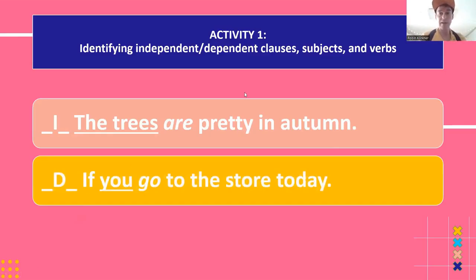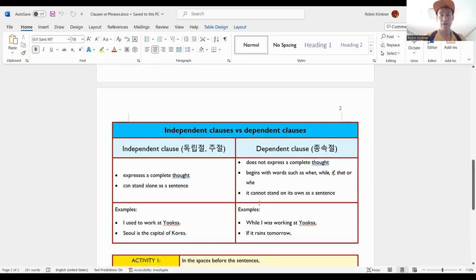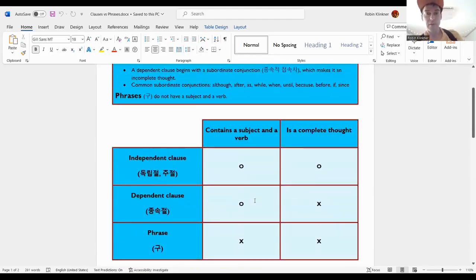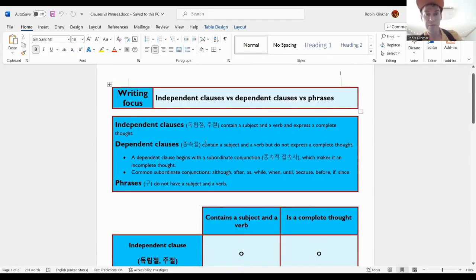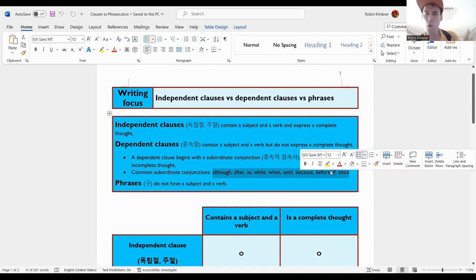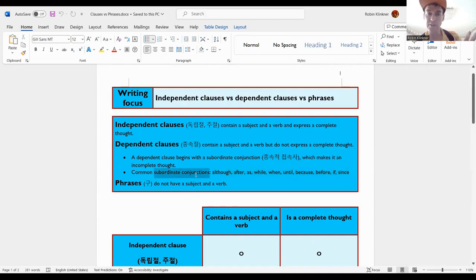Let me go back to this handout. Let's go back to the top. So dependent clauses contain a subject and a verb, but do not express a complete thought. A dependent clause begins with a subordinate conjunction, such as although, after, as, while, when, until, because. There's so many subordinate conjunctions.